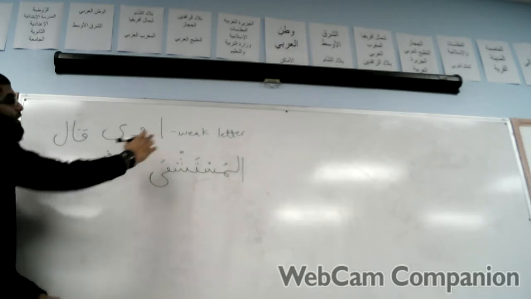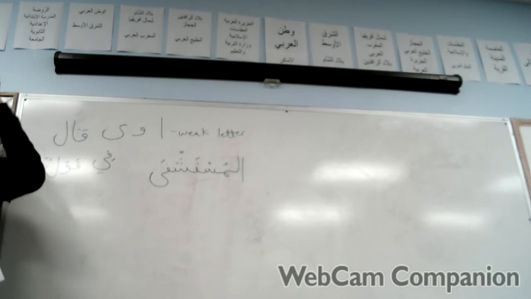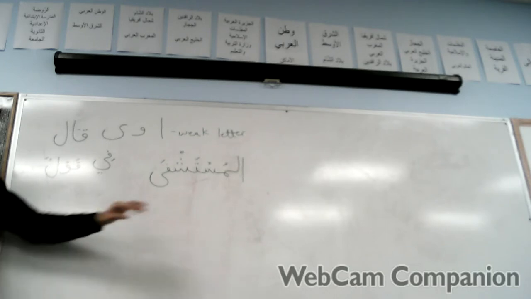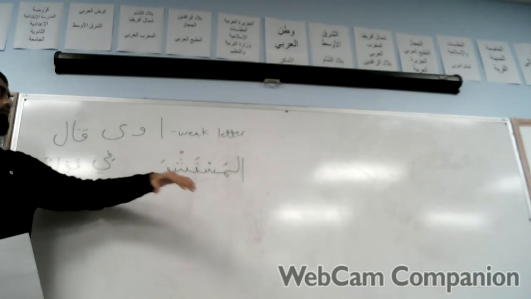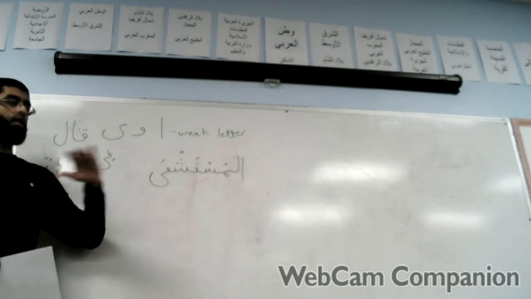These three letters are sort of like, in physics, unstable elements, so they're going to change. But for now, the only thing you have to know is words like mustashfa. When you have them in the marfu form or the majrur form, they're not going to change.